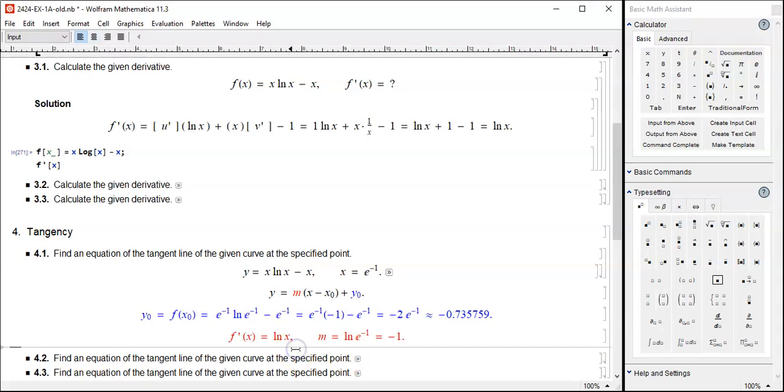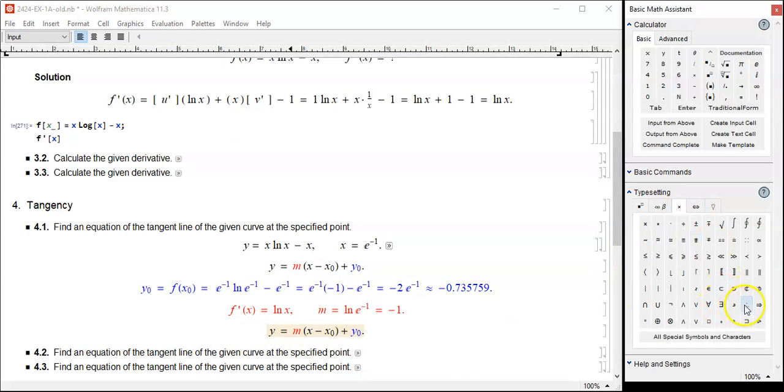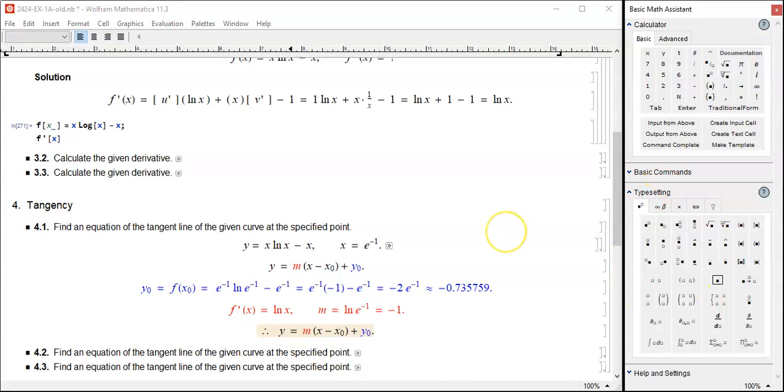All right, we are ready. This is the equation of the tangent line we are looking for. Therefore, let me just plug those in.